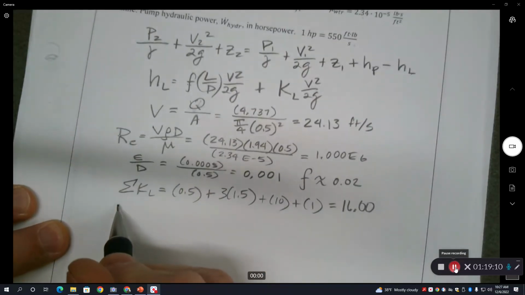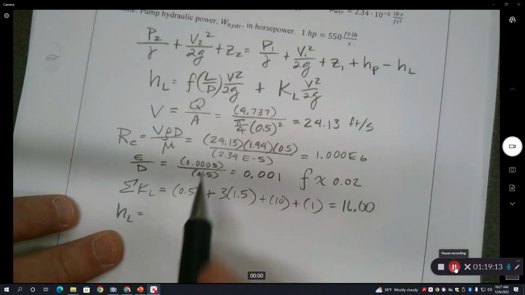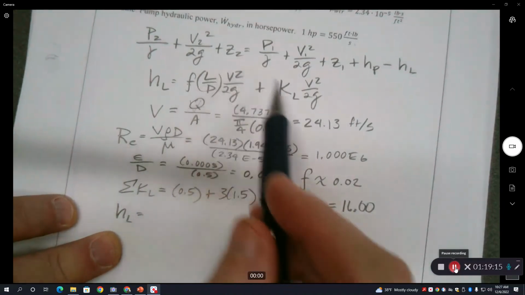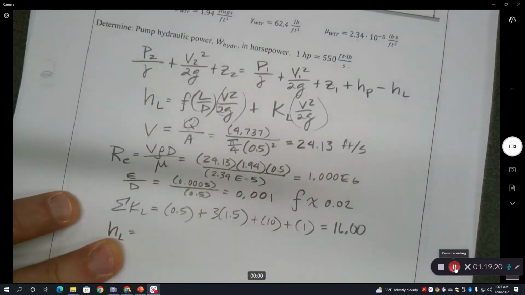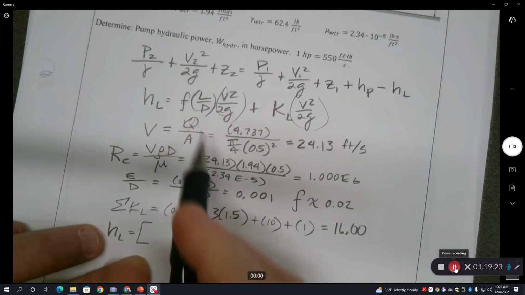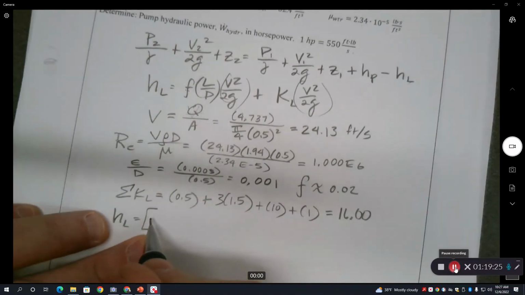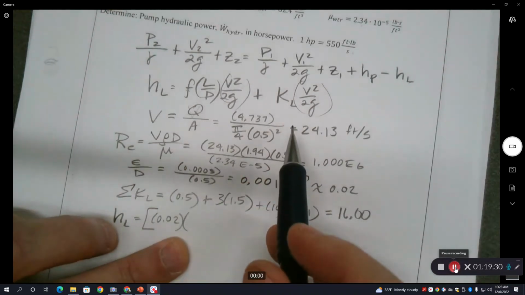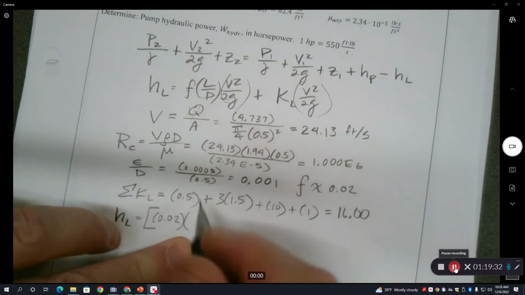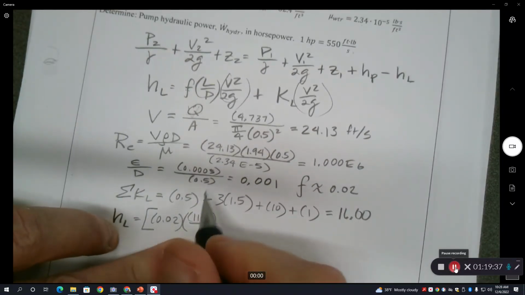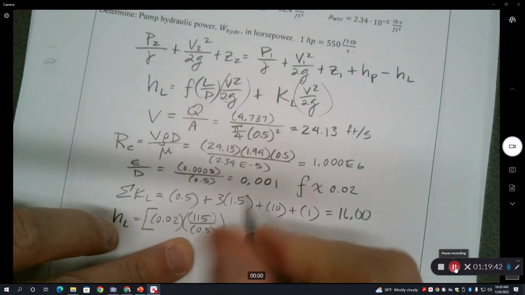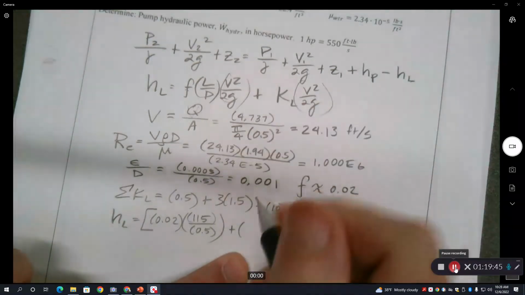Nice. So my head losses, and by the way, take another look up here, and you can see that that right there and that right there are the same, so might as well include them together. And so my f is 0.02. My L over D, and so the total length, they said was 115, divided by the diameter, 0.5, and then add it to the KL.